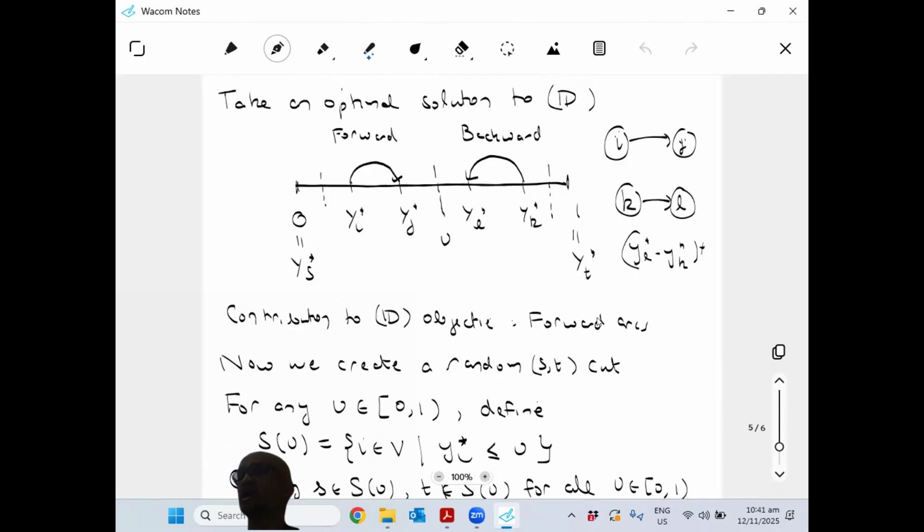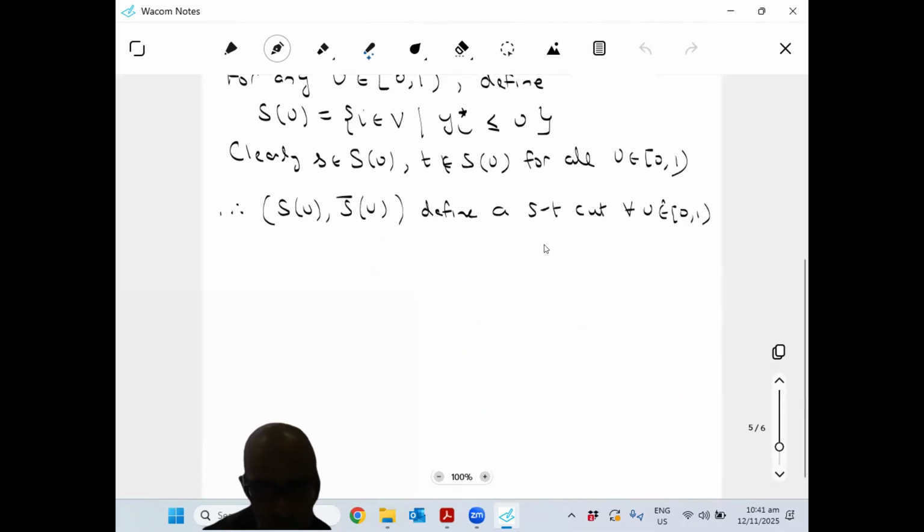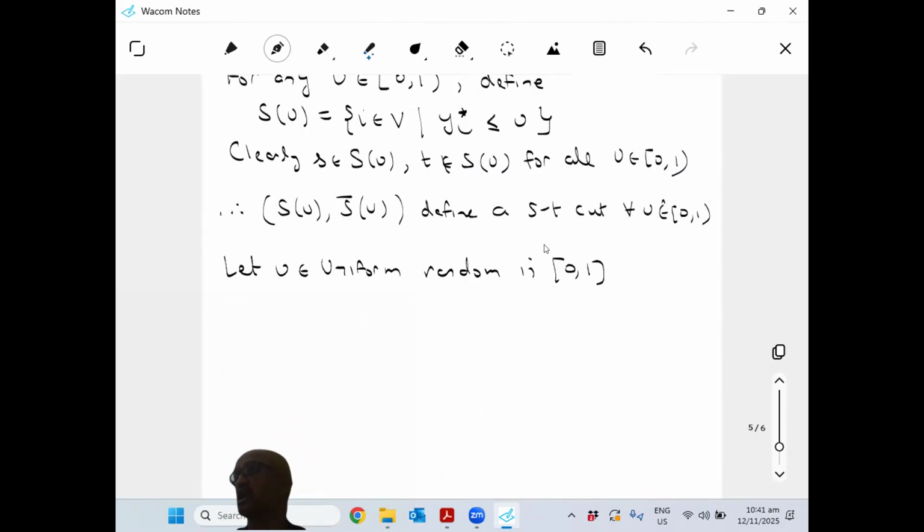Think of creating u randomly. So let u be generated uniform random in 0, 1. This you should remember from your first probability class. Between 0 and 1, the density function will look like 1.